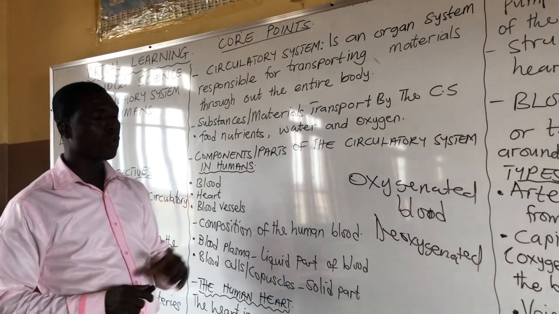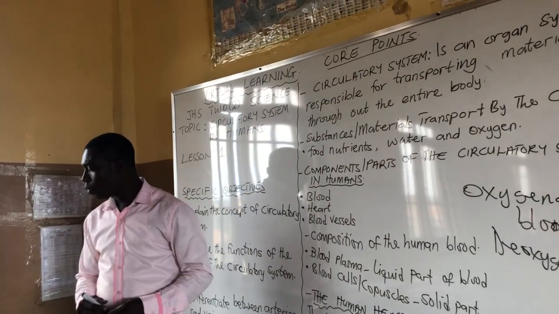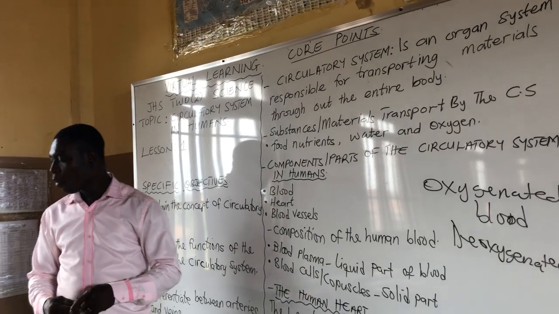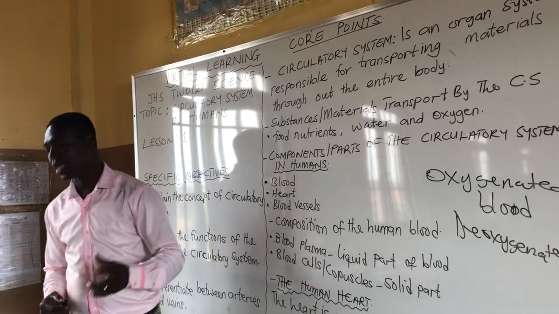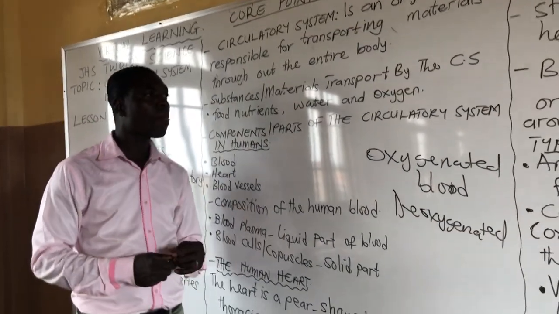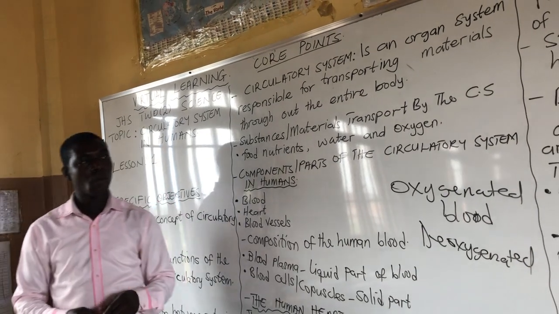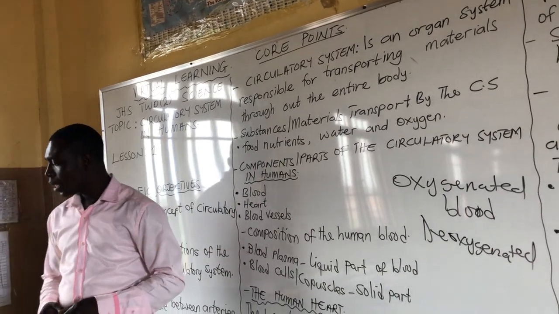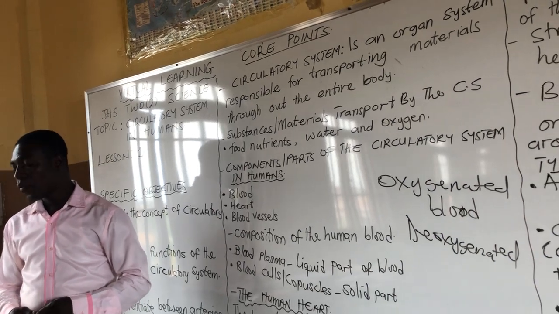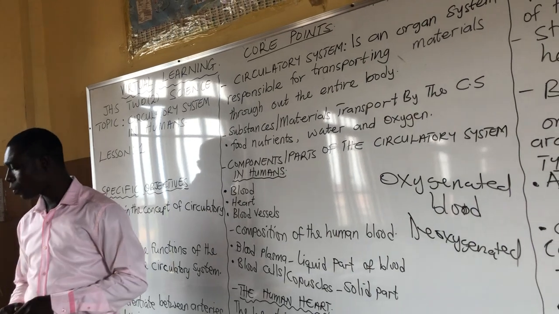That is a valve. So you can see that the arteries do not have valves, but the veins have valves. Now the walls of the arteries are very thick. That's the other difference between the arteries and the veins. The walls of the arteries are very thick, and those of the veins are very thin. They have thin walls.